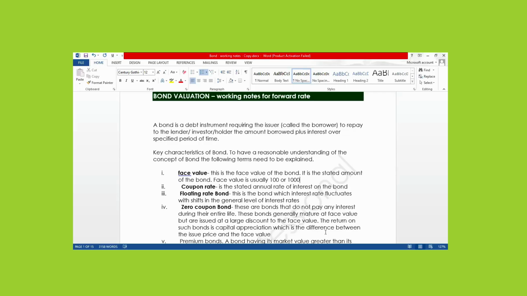That is, the interest payable annually is fixed. It may be 10% or 5%. That means every year, the interest payable on the bond is 10% until maturity. So you can have a fixed coupon bond.